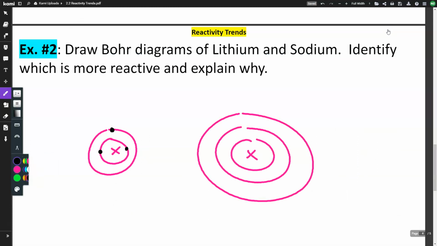This is very similar to what we just drew: 1, 2, 3, 4, 5, 6, 7, 8, 9, 10, 11. Okay. So this is lithium. This is sodium. That valence electron in sodium is a lot further away from the nucleus, so it's going to be held looser and will be more reactive.